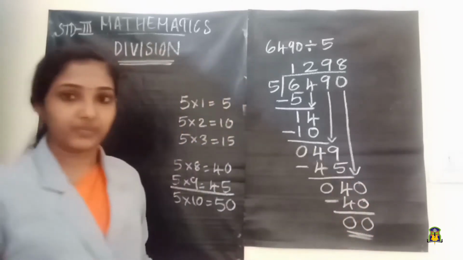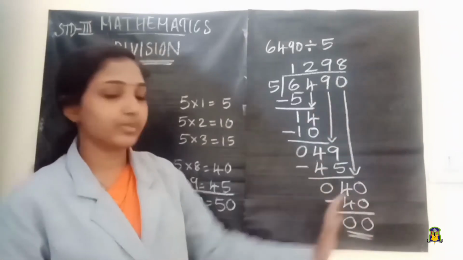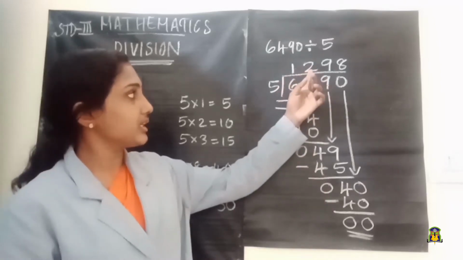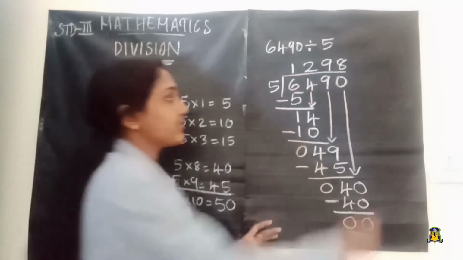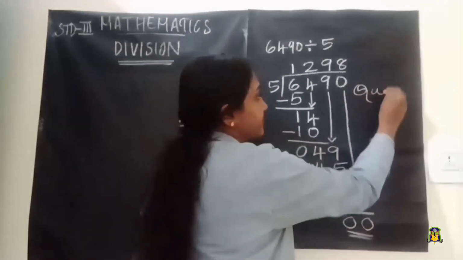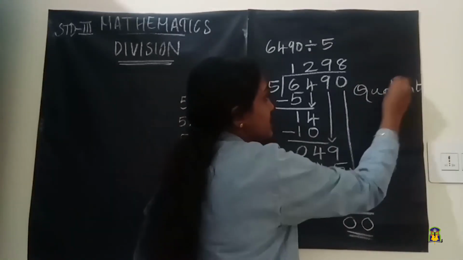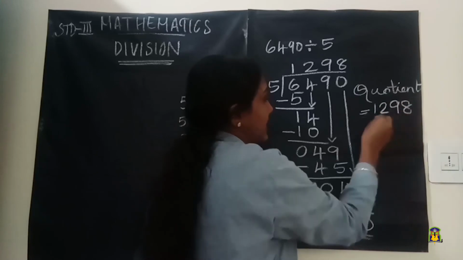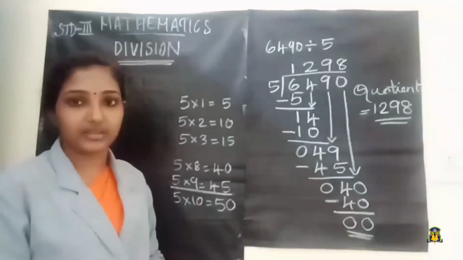Also it is 0. So no more digit is there to bring down. So we stopped our division. So we got the quotient here. Right. So what is our quotient here? Quotient is equal to 1298.